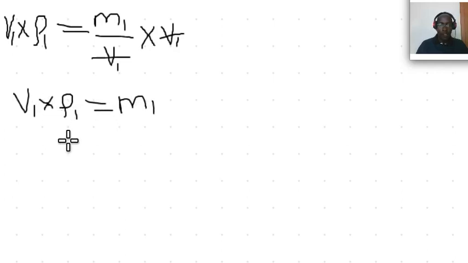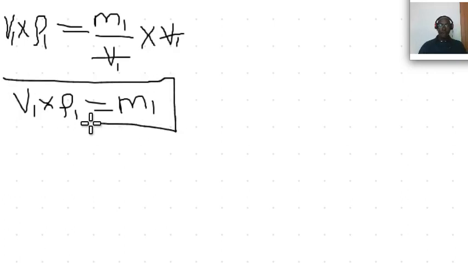So simply we can see that the mass M1 is equal to the volume V1 times the density rho 1.